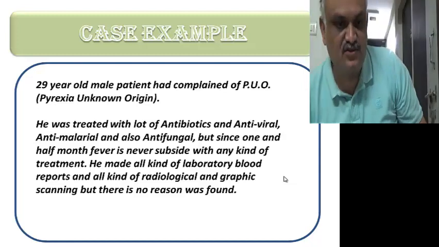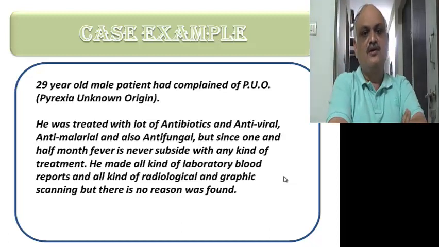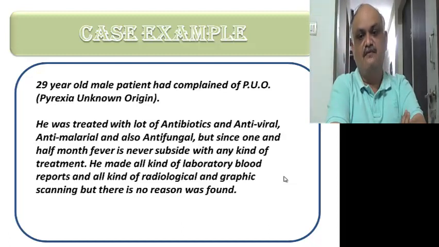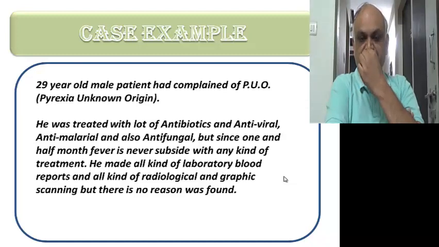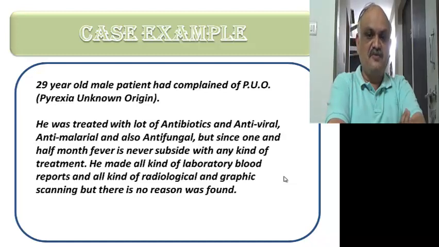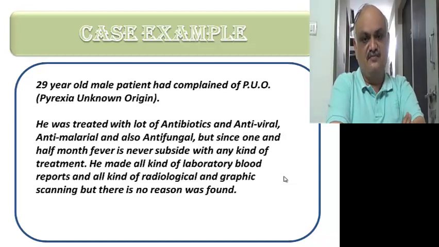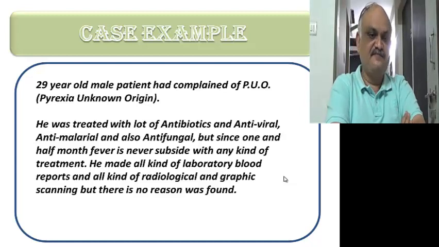This is a case of a 29-year-old male patient who complained of PUO, pyrexia of unknown origin. So it's a fever case, but we can say it's a chronic fever because he has suffered from fever for many days.